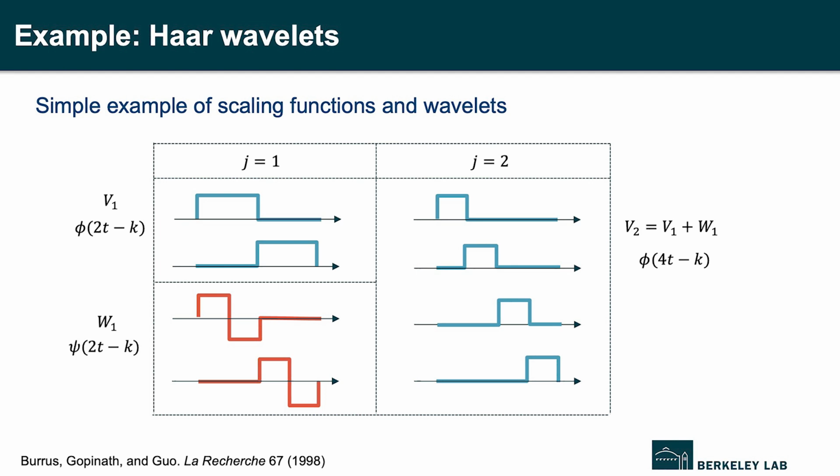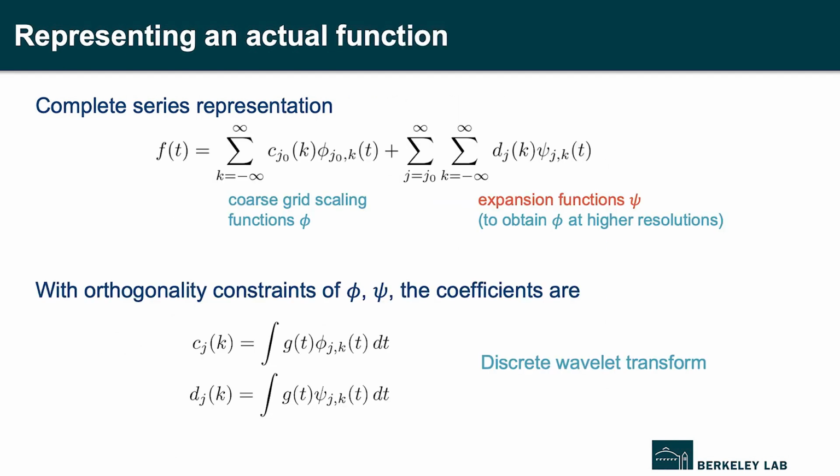In terms of actually representing a function, just as with standard basis representations, we project our data onto these basis functions. We can split it into two categories. For the coarse grid, we use the coarse scaling functions phi. After that, for the higher resolution information, we use the wavelet functions.